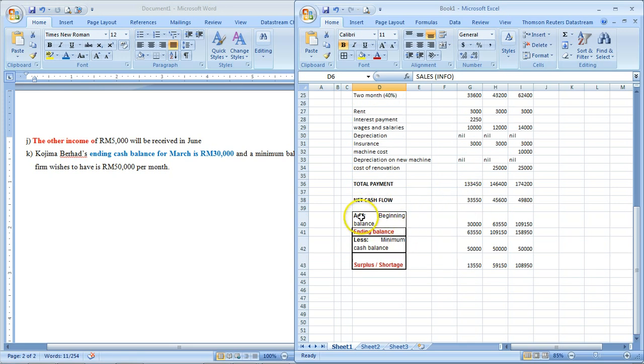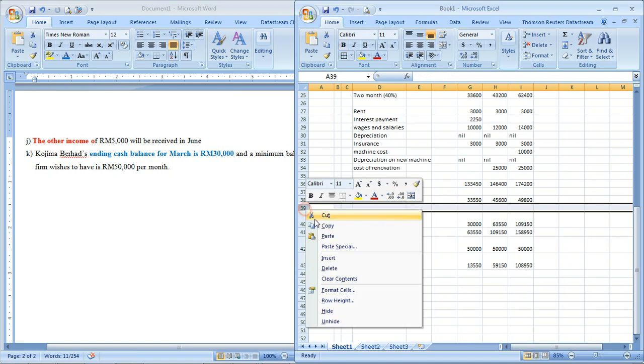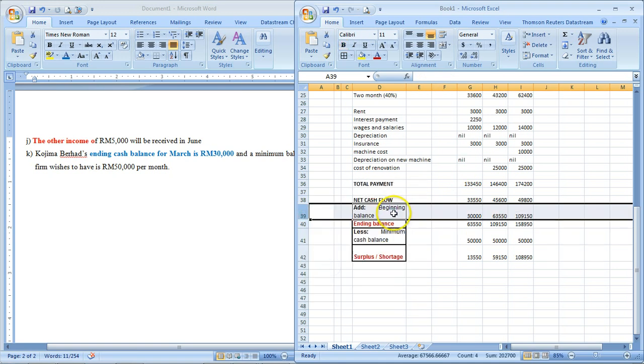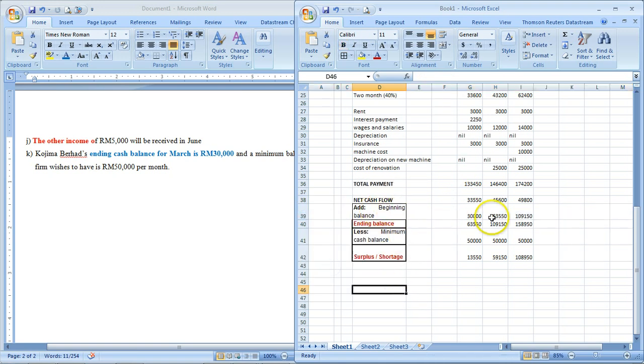Net cash flow you will add with beginning balance, and you get ending balance, and minus minimum cash balance, then you get surplus. So remember, this will be the same. Ending balance for April will be beginning balance for May. Ending balance for May will be beginning balance for June.